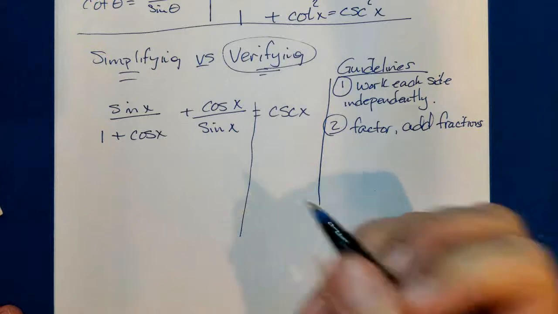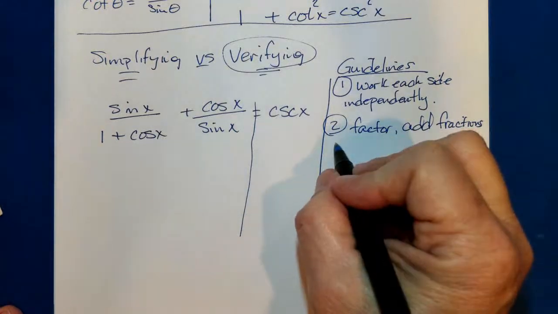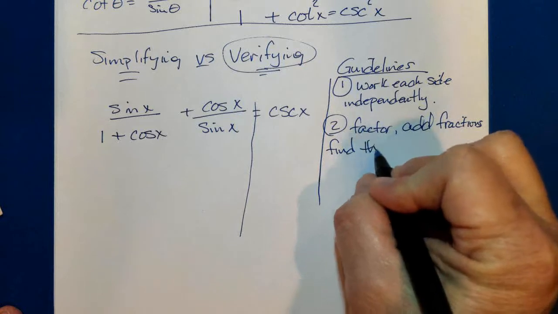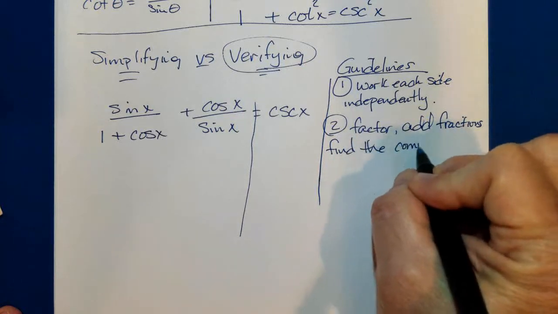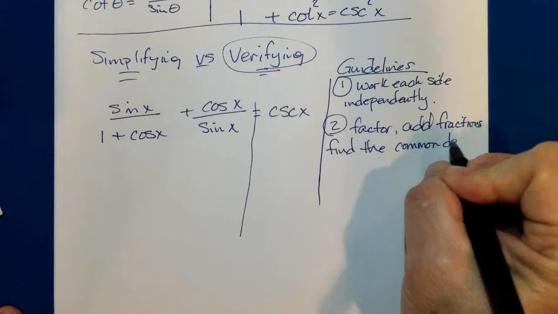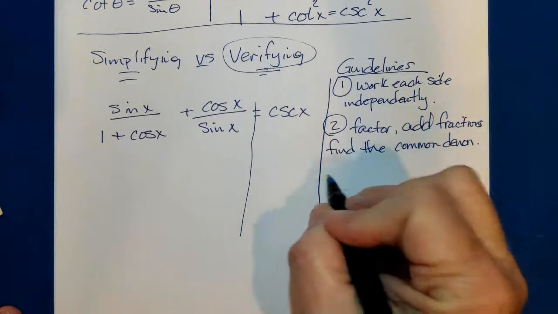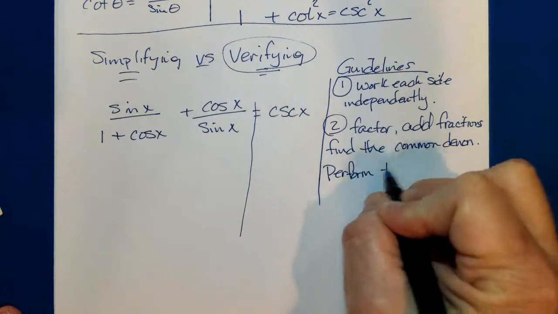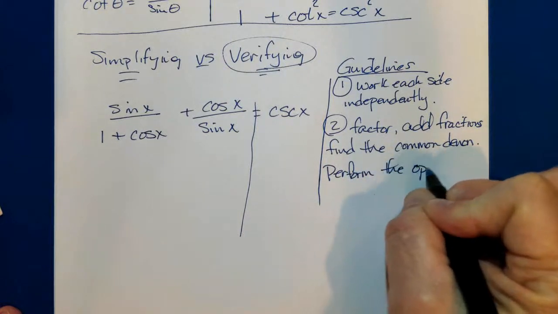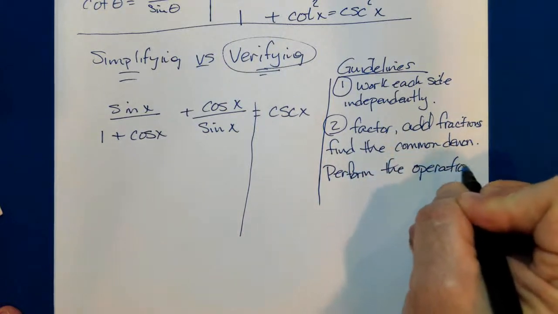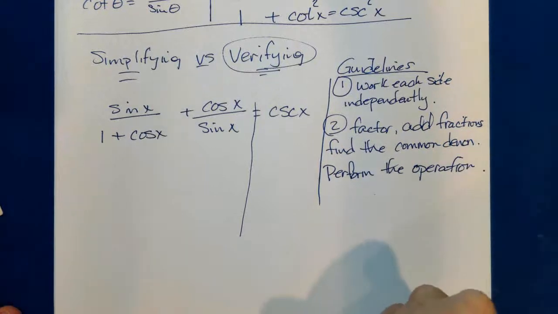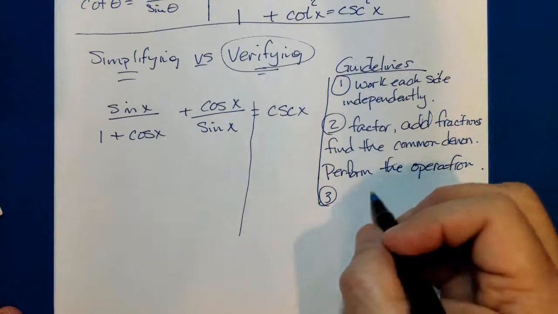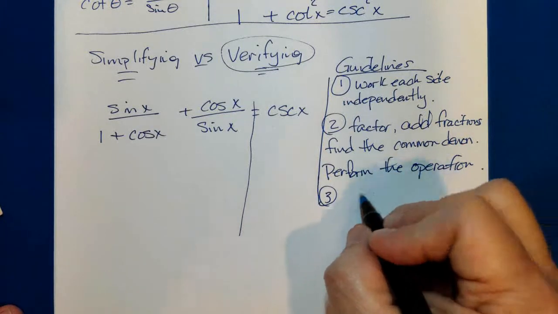If it says find the common denominator, then find the common denominator. In other words, perform the operation. Okay? Number 3, you can substitute with all of the identities that we have.